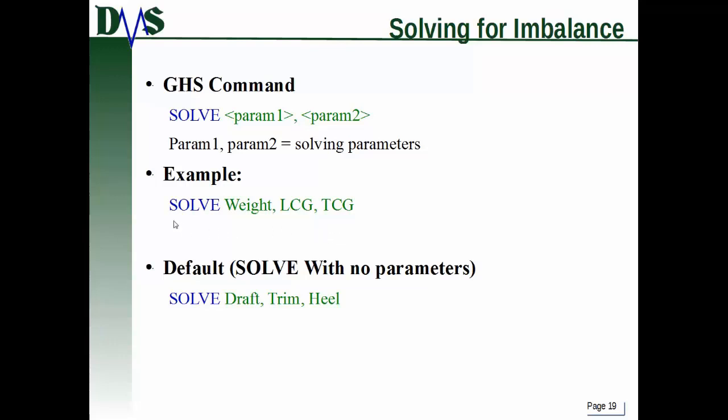The default operation, if you just type SOLV with no parameters at all, is that GHS assumes you want to solve for draft, trim, and heel. So you don't change any of the weights on the ship, you change its waterplane orientation.